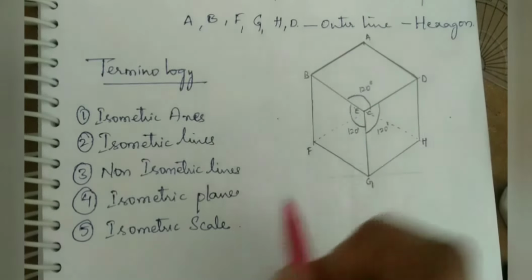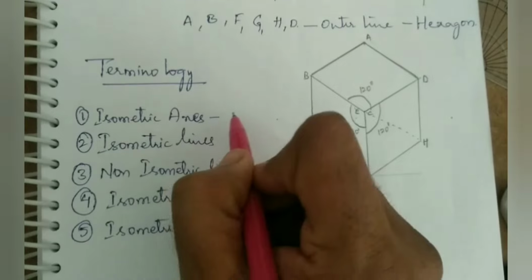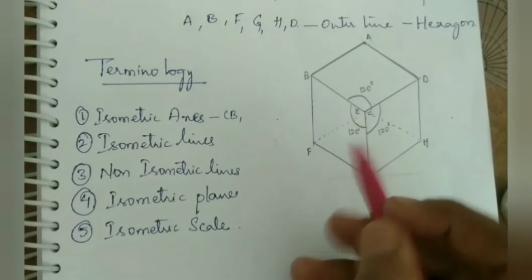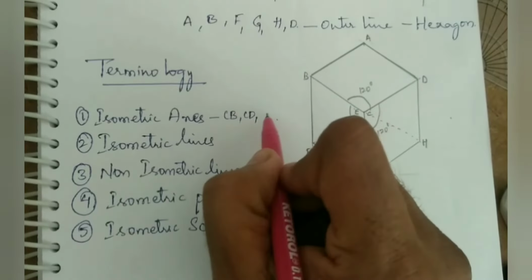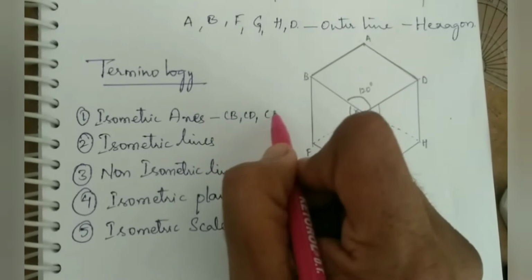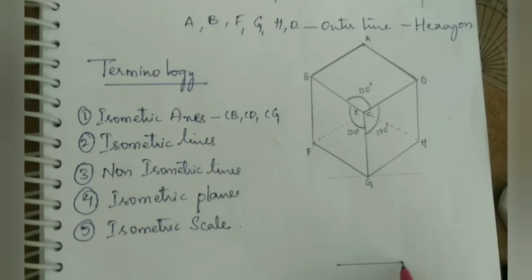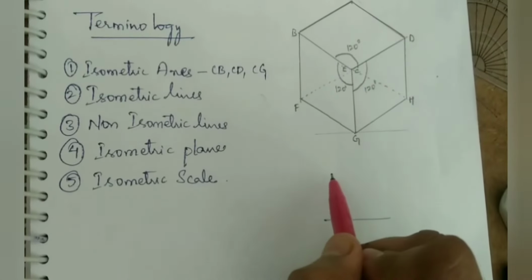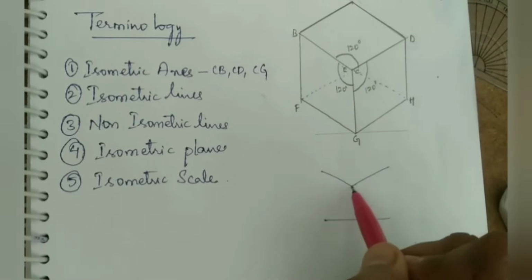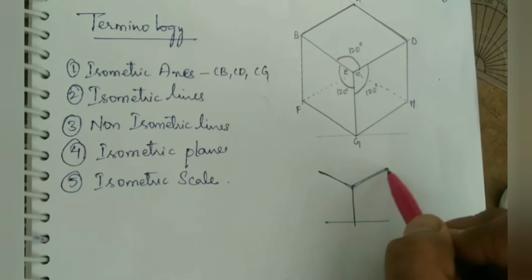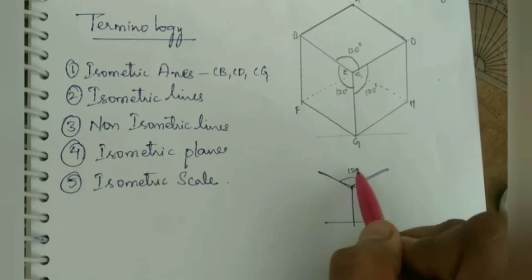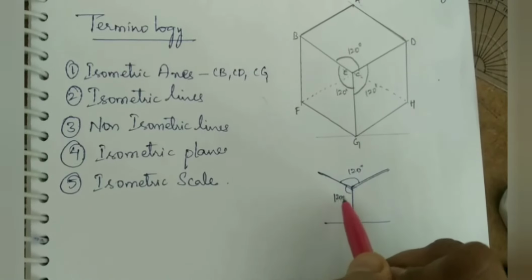The points like CB, CD and CG. This is what we say as isometric axis, which are equally inclined.